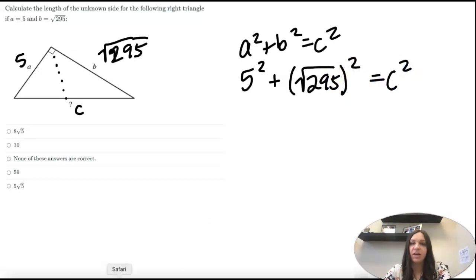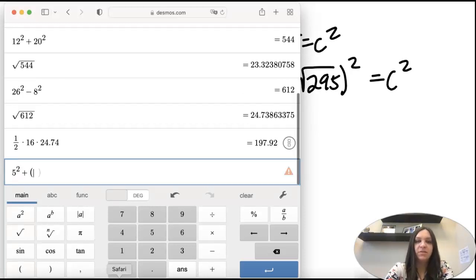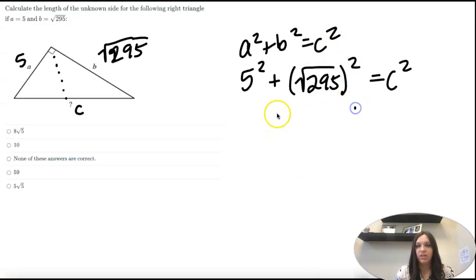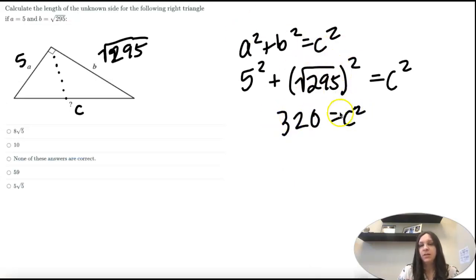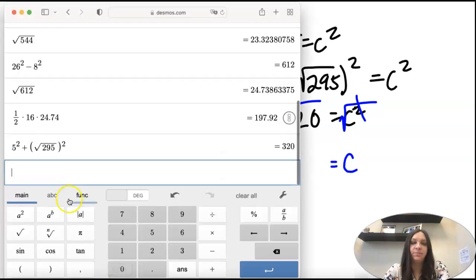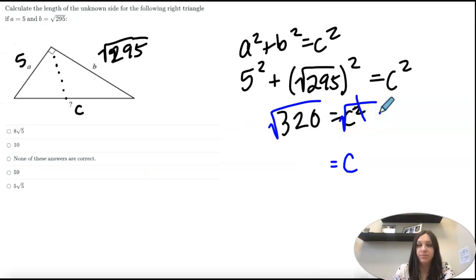Let's calculate that. 5 squared plus the square root of 295 squared is 320. Then we'll take the square root of both sides. So C equals 17.89.